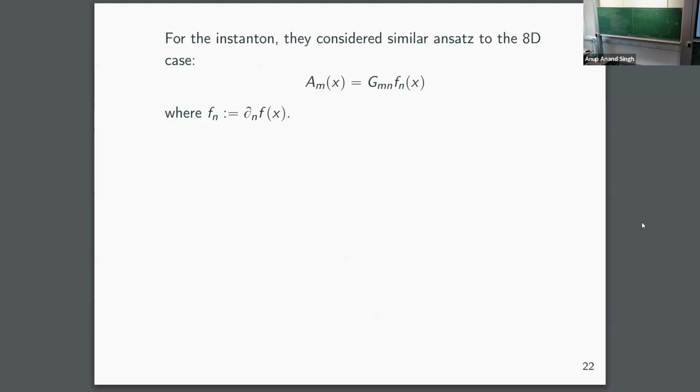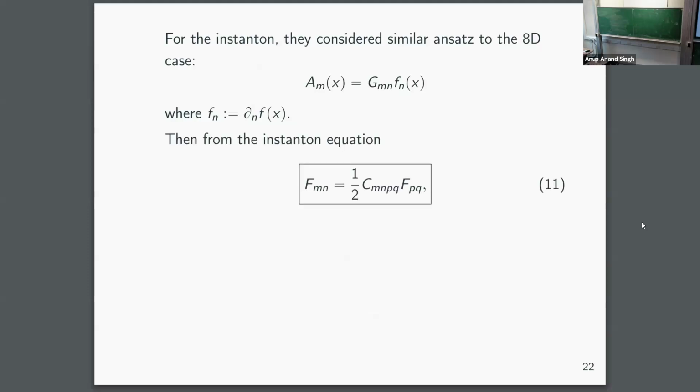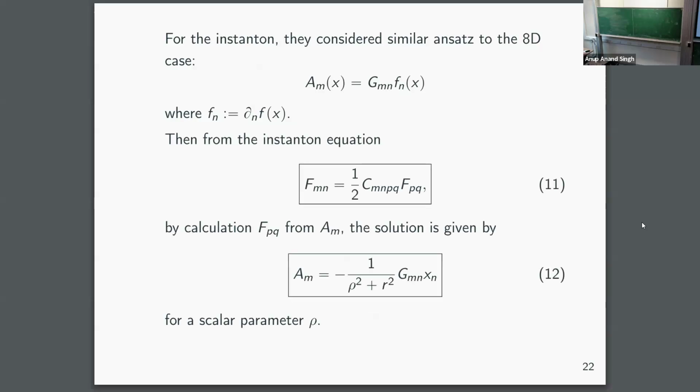And exactly similar ansatz, and that's the instanton equation. Again, lambda equals 1. And they calculated the curvature from this ansatz for the connection and then plugged it in there, and this is the solution they got. And so that's the 7-dimensional instanton on R7, which we'll refer to as the Günaydin-Nicolai instanton.